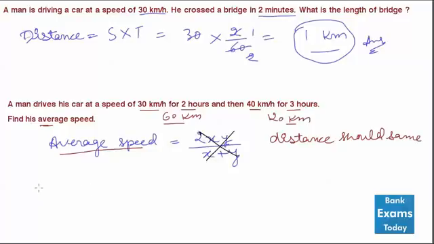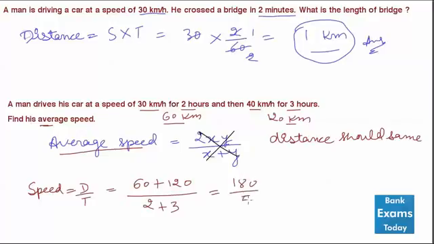So let's apply a simple formula, that is speed is equal to distance over time. So the distance is 60 kilometers and this one is 120 kilometers, and the time taken is 2 hours plus 3 hours. So it becomes 180 over 5.